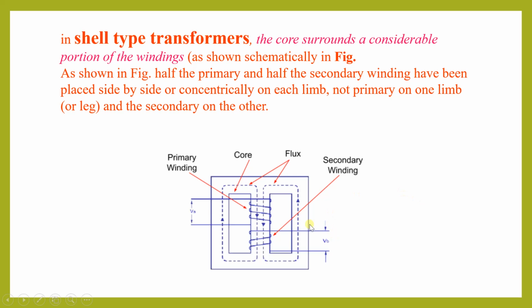Means that as in the core type transformer, we have the primary and secondary windings on different limbs, but in the case of the shell type transformer, we have the primary and the secondary windings on the same limb, on the central limb. This upper part shows the primary winding and this lower part shows the secondary winding, and this is the core, and this dotted line shows the flux produced because of primary and secondary.